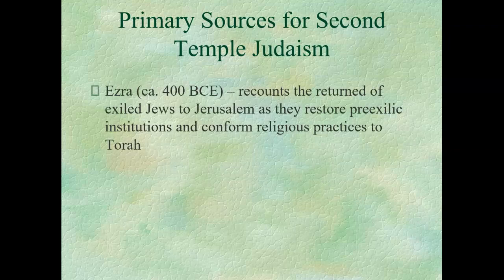So some particular books that are helpful are the book of Ezra, probably composed somewhere around 400 BCE. I'm going to give that date. It recounts the return of exiled Jews or Judeans to Jerusalem, as they restore pre-exilic institutions.